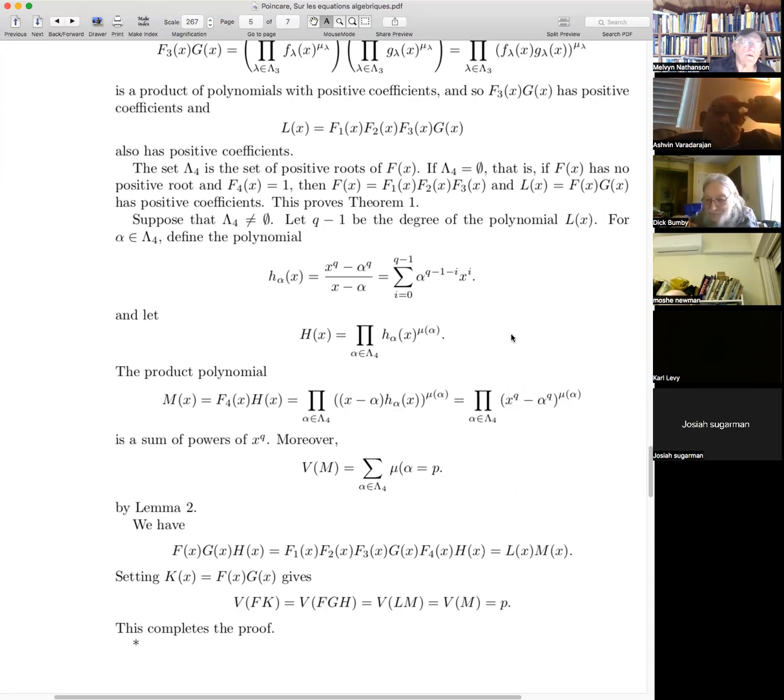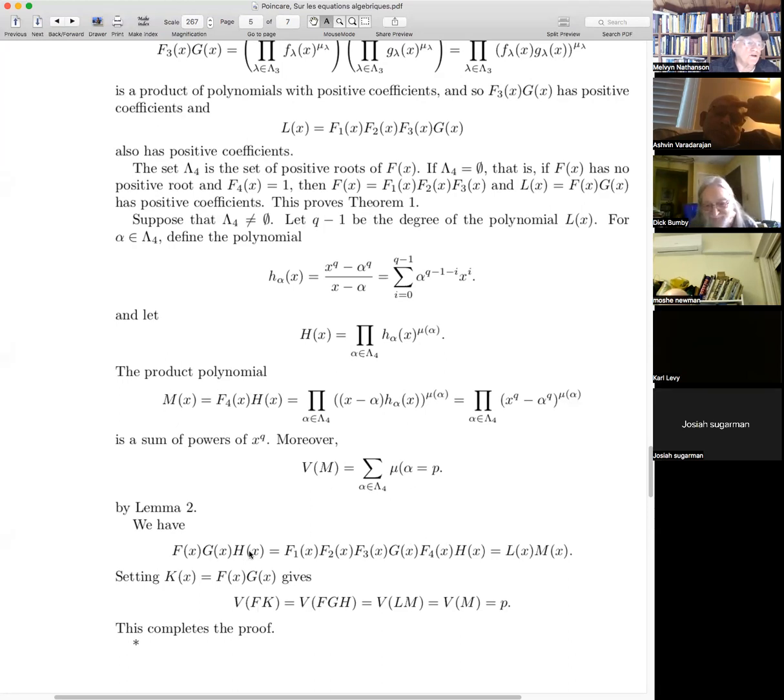So if you have a positive coefficient here, you just stretch it out into a string of positive coefficients. And then you come to a negative coefficient and you stretch it out into a string of negative coefficients. But that doesn't change the number of sign variations in the sequence. That stays the same. So the number of sign variations of LM is exactly the same as the number of sign variations of M, which is p.